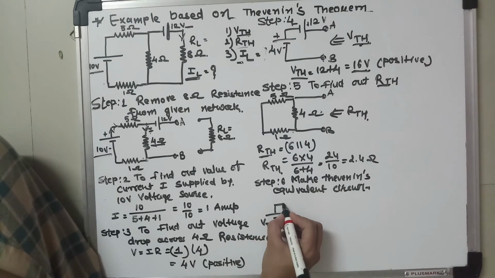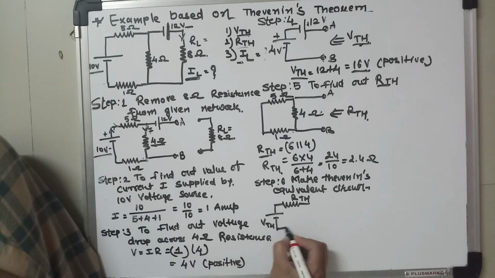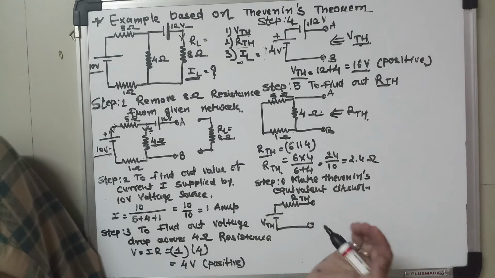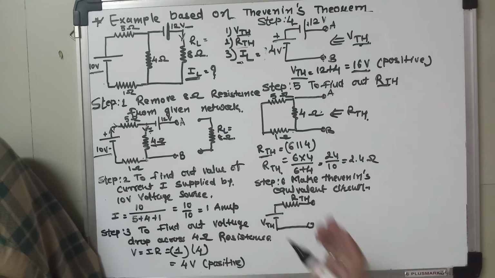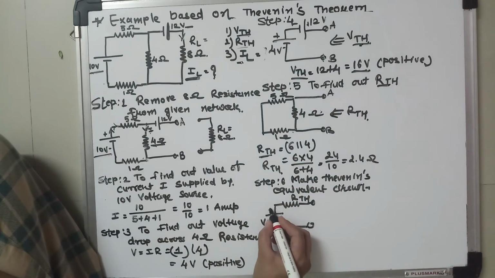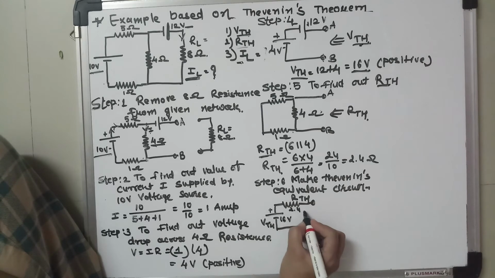VTH is connected in series with the RTH. So step number 6, make the Thevenin equivalent circuit by connecting a VTH in series with the RTH. Now what is VTH? VTH is equal to 16 volt. And what is the RTH? That is 2.4 ohm.